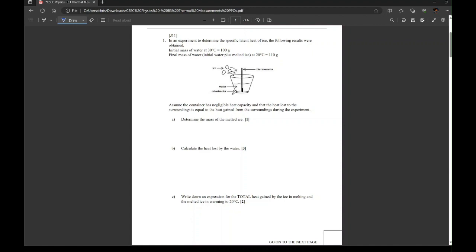So the first thing to do is to determine the mass of the melted ice. So I'm just going to put Mi, which stands for mass of ice, is of course going to be the final mass of the water, which they gave us, minus the initial mass of the water.